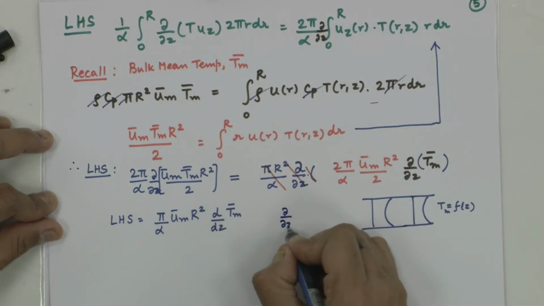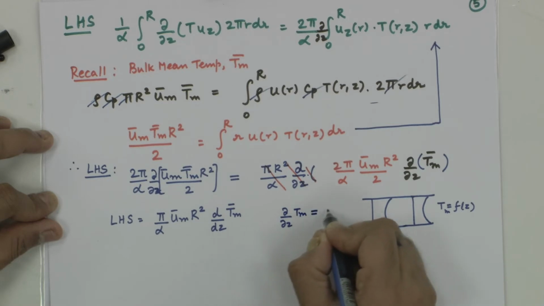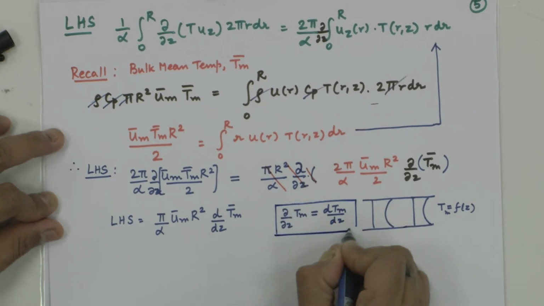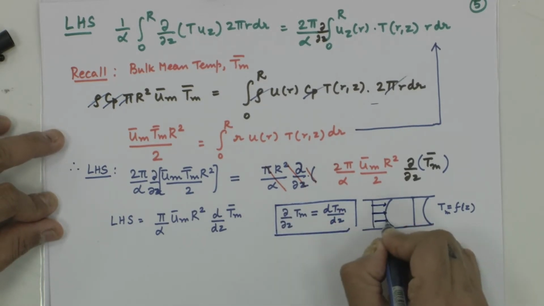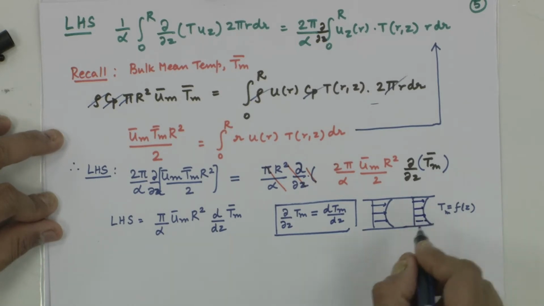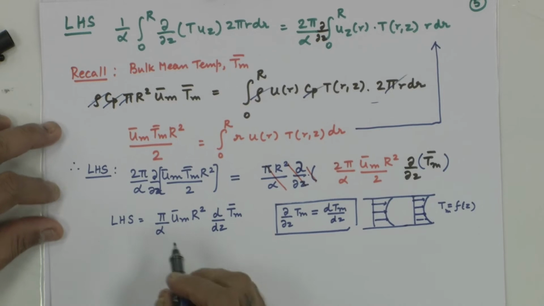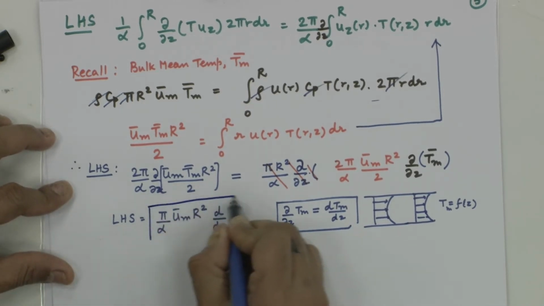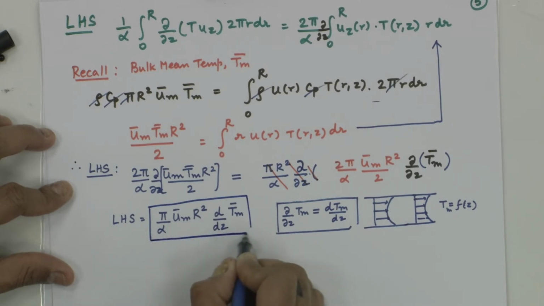So, d by dz of T bulk mean becomes equal to dTm by dz. This fact is important, and then this is my temperature profile. Local profile is a function of R and Z, but bulk mean is only a function of Z. Therefore, the left hand side of the energy equation now becomes like this.